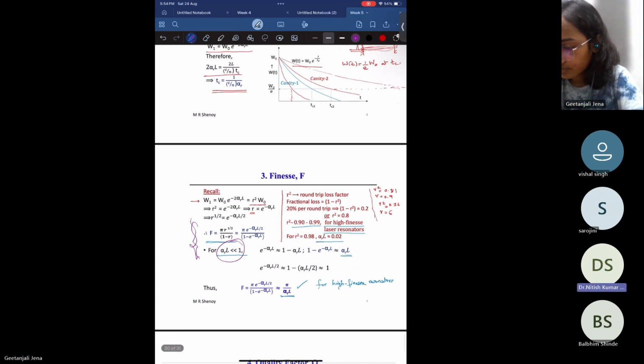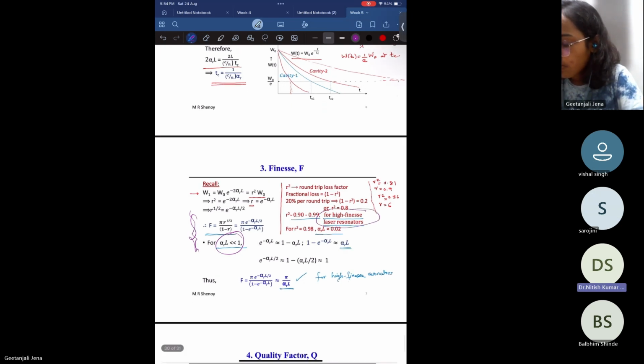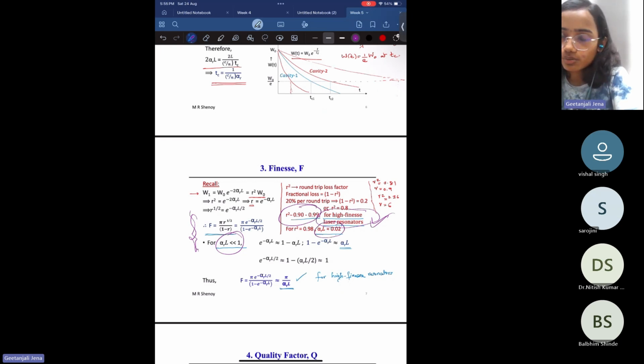Ma'am, if R square is between these limits, then we have to apply this equation, or do we apply the general equation pi r to the power half over 1 minus r? When R square is between 0.9 and 0.99, as we are talking about a high fineness laser resonator, alpha L is about 0.02. Calculate alpha L, and you can easily see alpha L is much less than 1, around 2%.